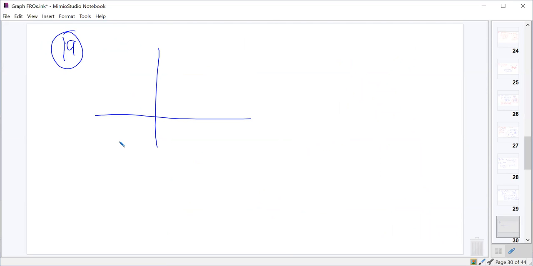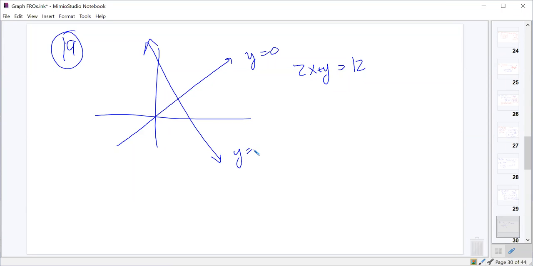It's formed by y equals x and y equals 0, so the x-axis, and 2x plus y equals 12, which is y equals -2x plus 12. Just write it that way for now. So we're looking at a rectangle that has been inscribed inside of that triangle.